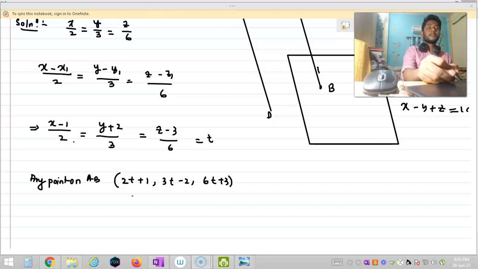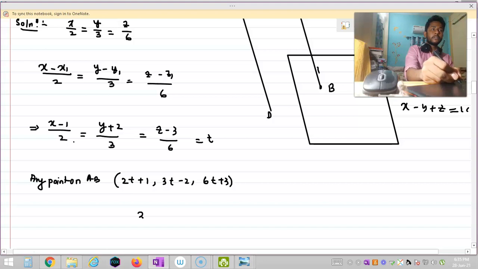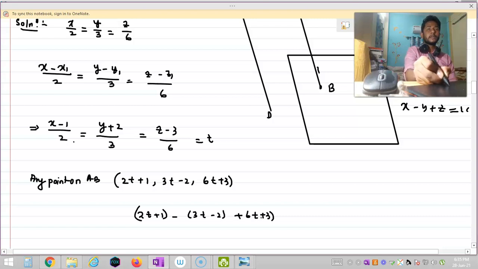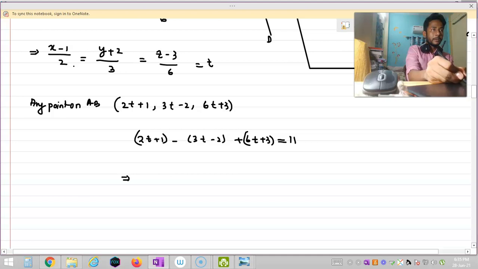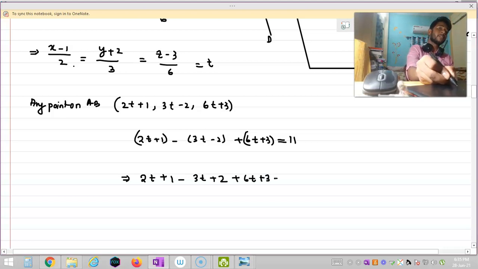So I can say that 2t plus 1 minus 3t minus 2 plus 6t plus 3 is equal to 11. We have to find the value of t.